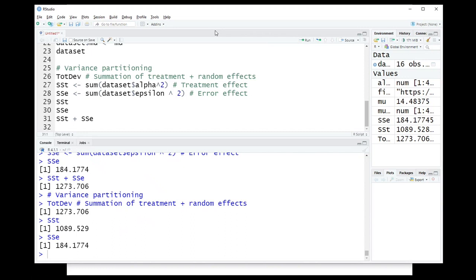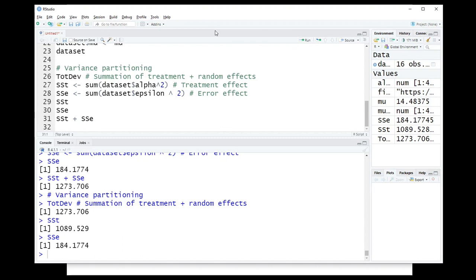Okay, so this is the analysis of variance in brief, partitioning the total variance in two components. One is due to treatment effects, deterministic effects, because the treatment was manipulated by ourselves during the experiment. So it's a deterministic effect. We imposed it.